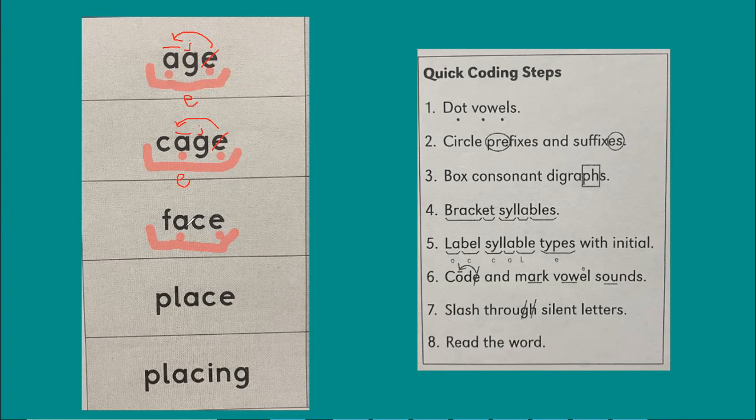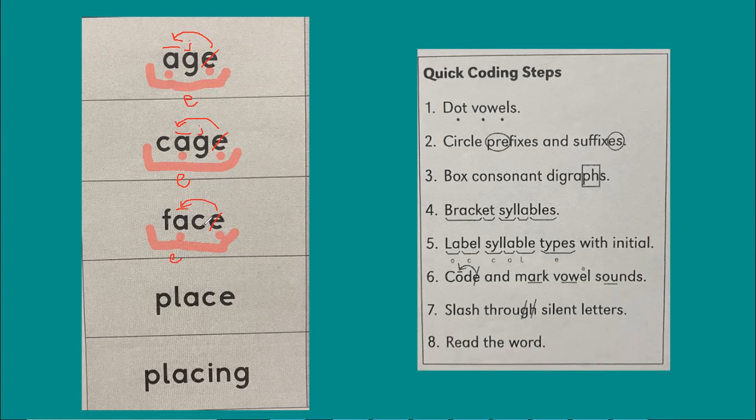So face, Mr. A, that's a long A. So vowel, consonant with a silent E. So it's that magic E syllable. So put the E under it.